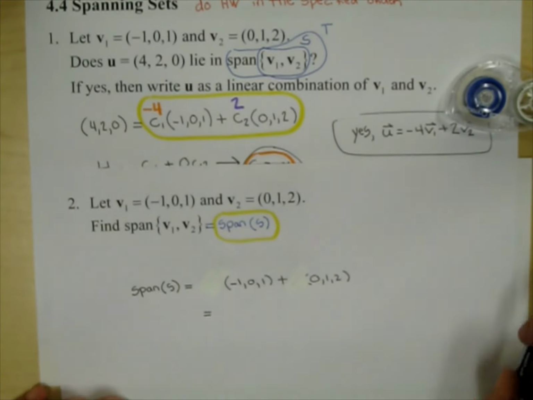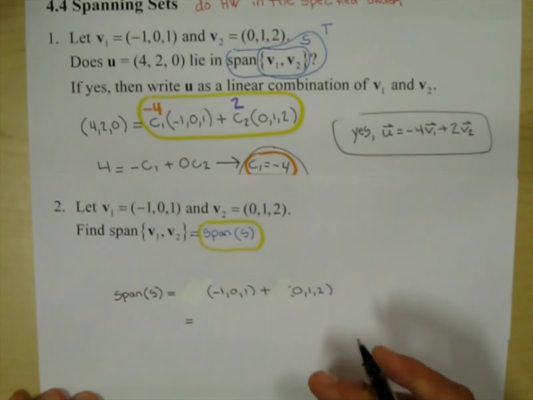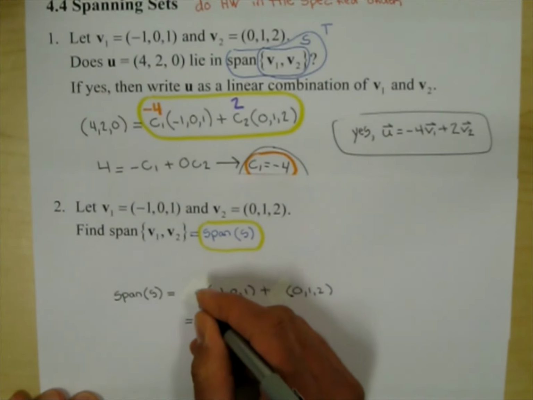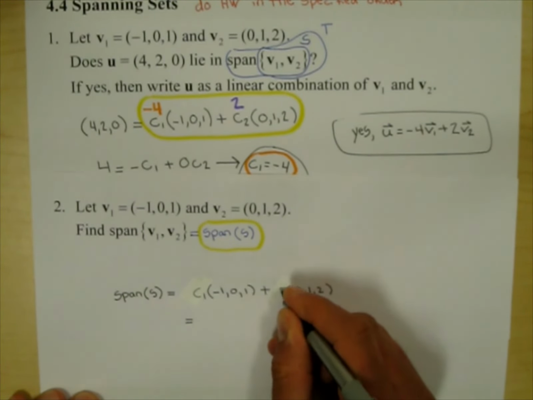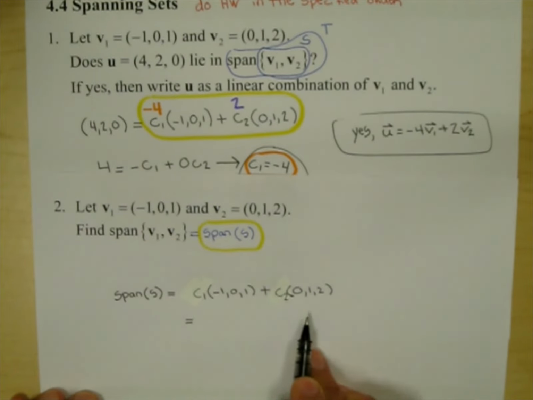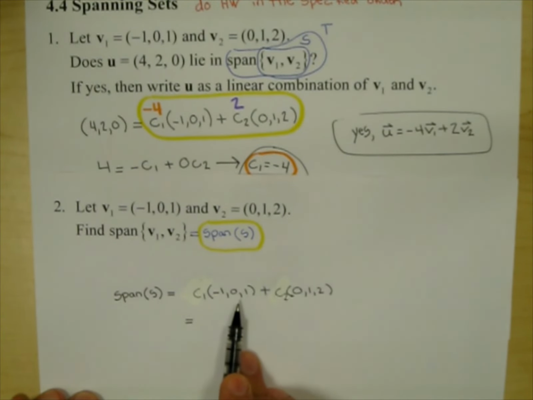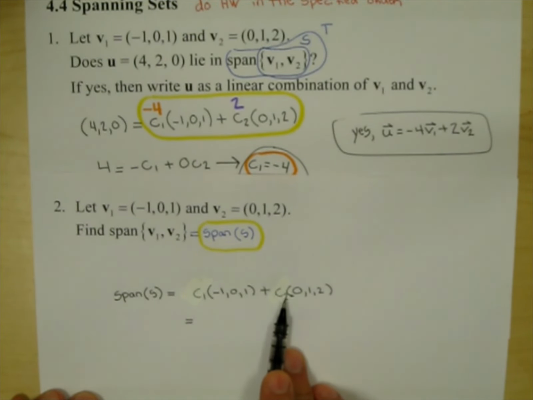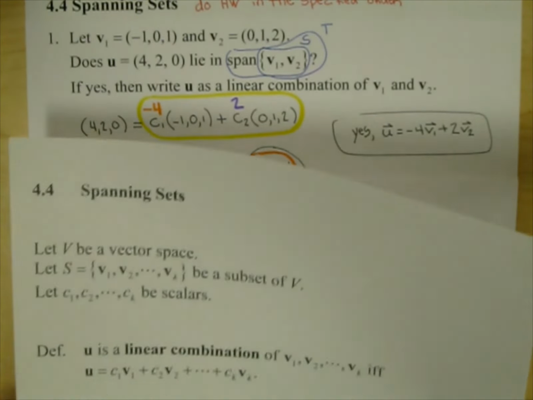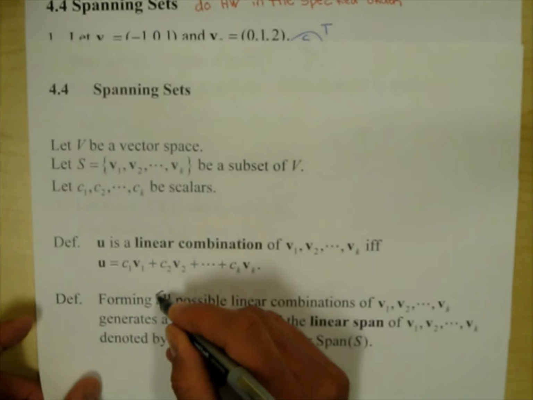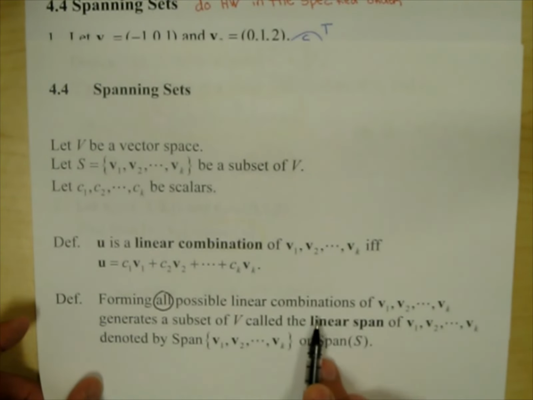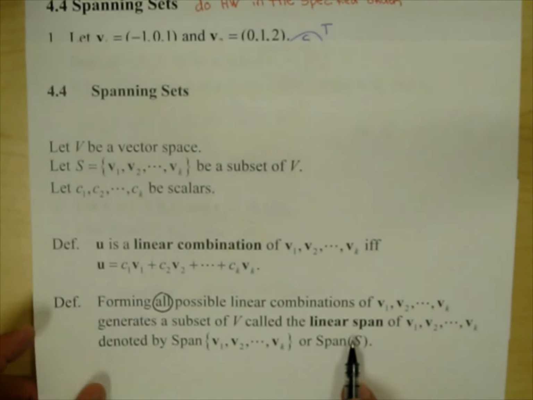There we are. Let's get rid of that there. So this is C1, C2. So that's what the span is. That's all possible. When I had the -4 and the 2 there, that was just one linear combination. Notice that this says forming all possible linear combinations of V1 and V2 generates the linear span.